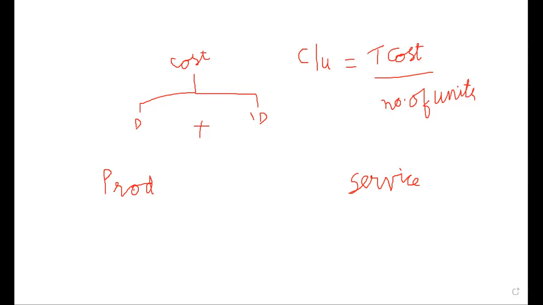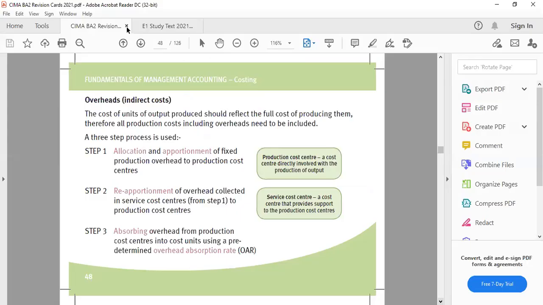So the first step talks about allocation and apportionment of fixed production overheads to production centers.